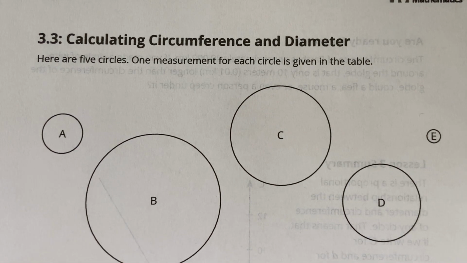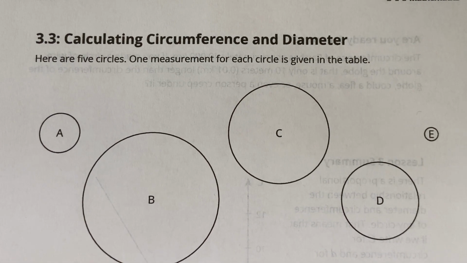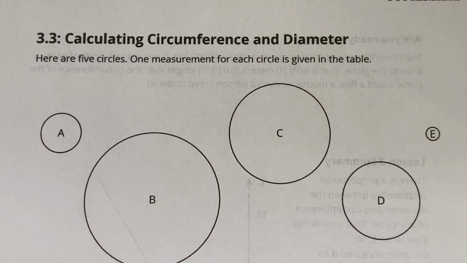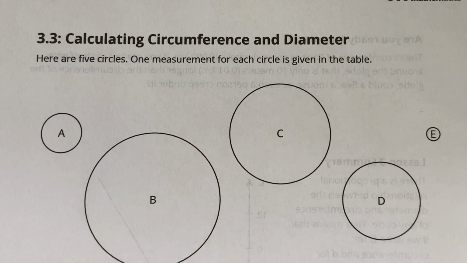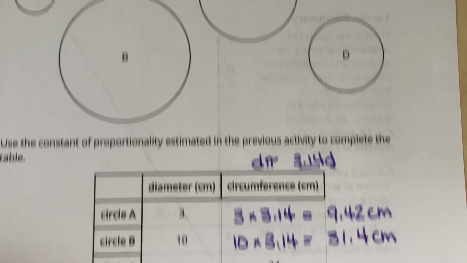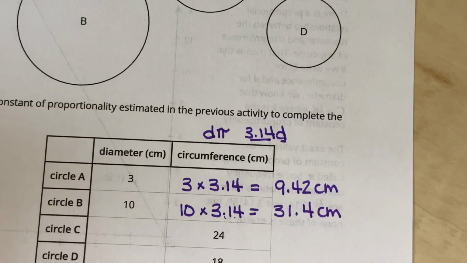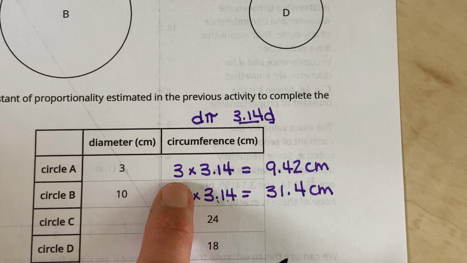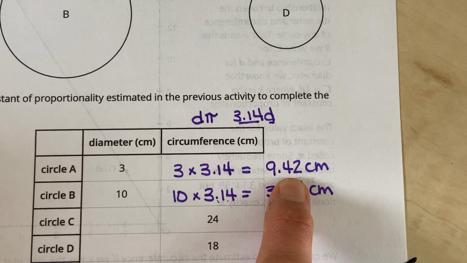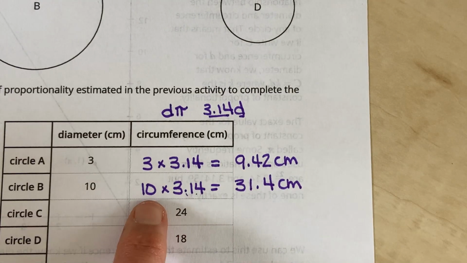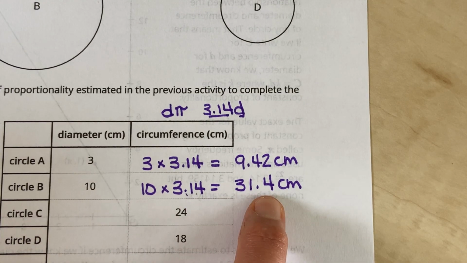And this one, if you multiply by 10, you just move that over once, 31.4 centimeters. All right, this one's giving me, oops, I'm not even on the right thing, sorry. I need to put that up there again. So this one was giving me the diameter, I multiplied it by pi, I got the circumference. My diameter times pi, I got the circumference.